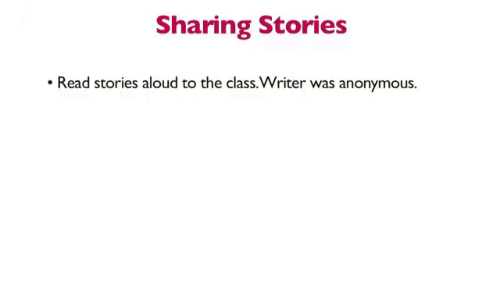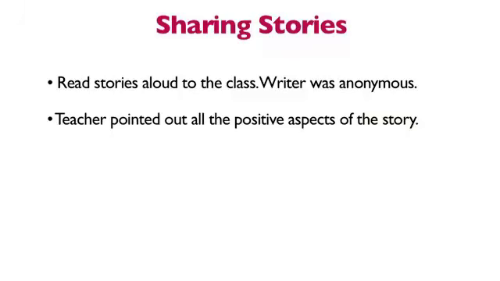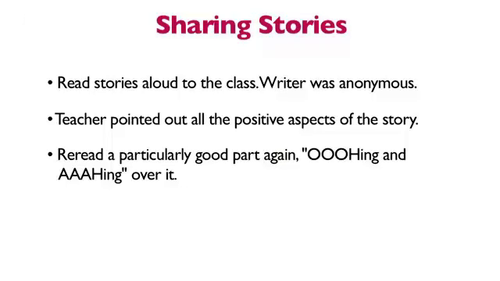Then they would turn their stories in, and the teacher took all of the children's stories and read them aloud anonymously. And the teacher pointed out all of the positive aspects. She sort of oohed and awed over certain parts, like, ooh, I really like the way that you described the house.